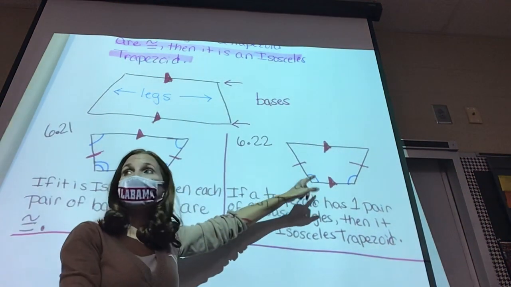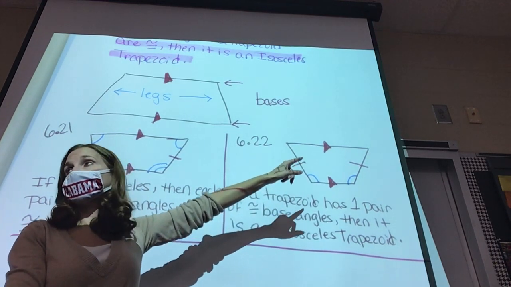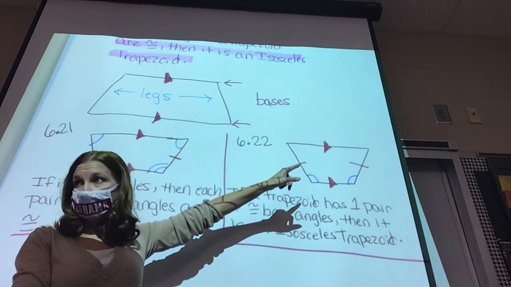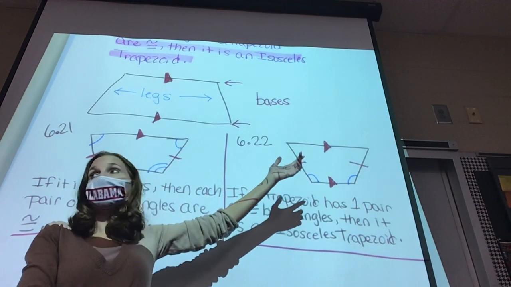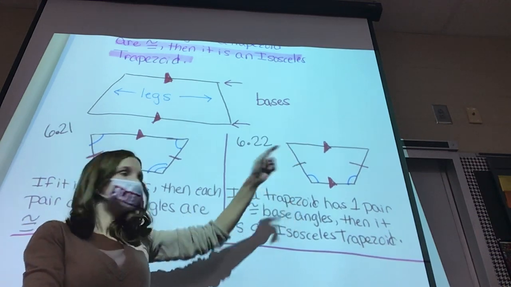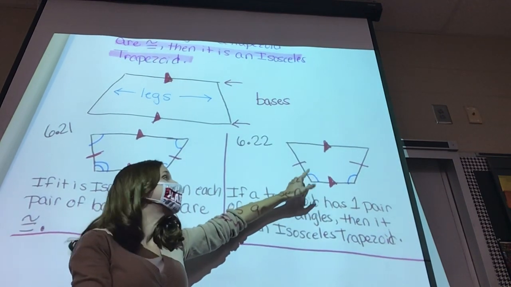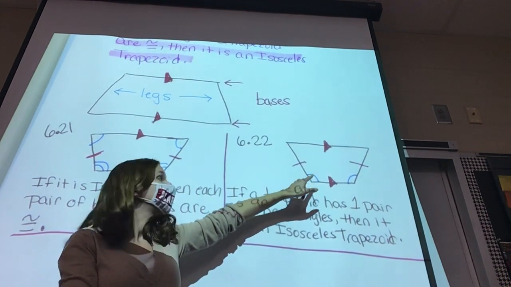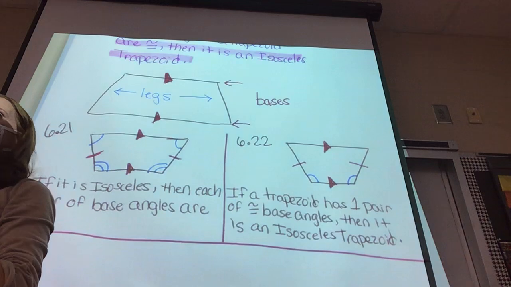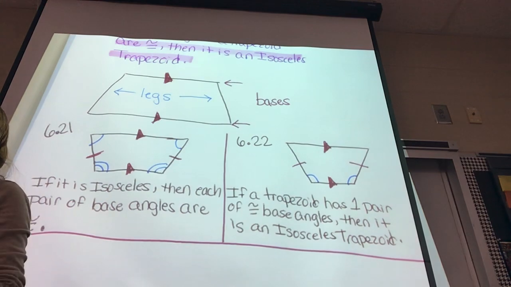So they may not always tell you that it's an isosceles, but you're going to have to know by looking at it. Does that make sense? This means yes, this means no, this means I don't have a clue what you just said, Miss Sullivan. So is everybody okay? As long as it's got one pair, it's an automatic isosceles. Therefore, if it's automatically got one, it's automatically got two.